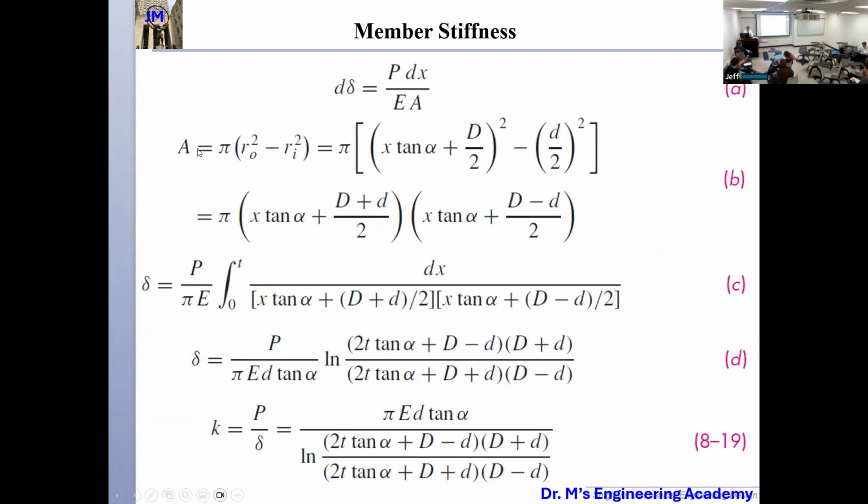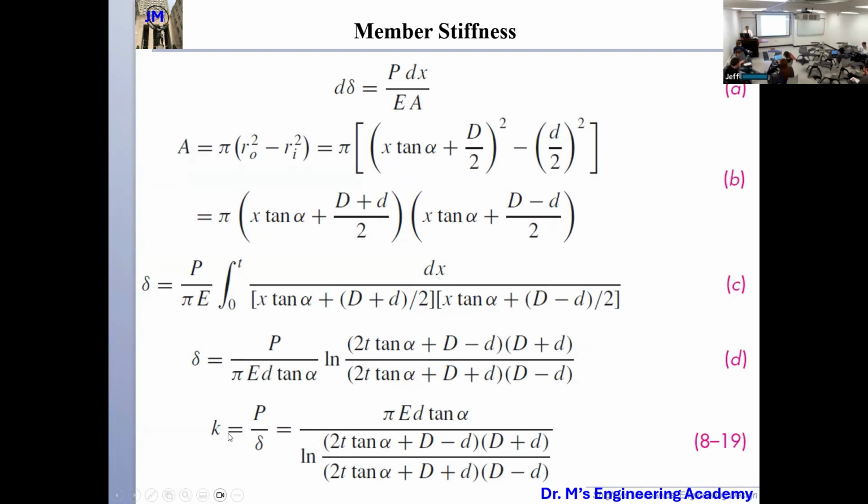So you can get this A here. After you get this A, for this delta you integrate on this side, do some manipulation, and then get this delta.